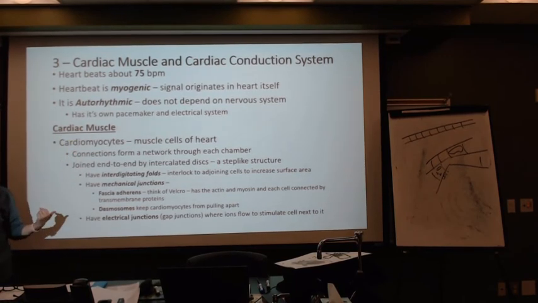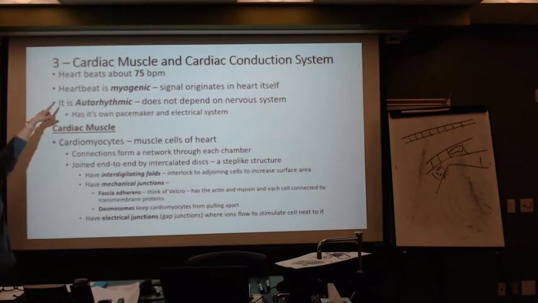Because we have those muscle cells, on average, heartbeat's about 75 beats per minute, BPMs. Our heartbeat is myogenic. Myo means muscle, genic, genesis, beginning.